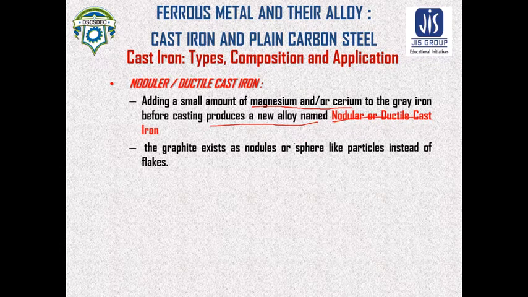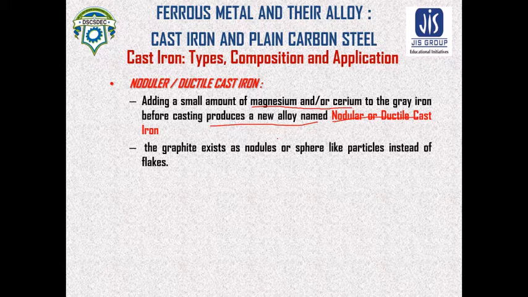Here the graphite is transformed to nodules or sphere-like particles instead of flakes. Due to the addition of magnesium or cerium, the graphite takes the shape of sphere-like particles or nodules. So now instead of flakes, what exists in the microstructure?